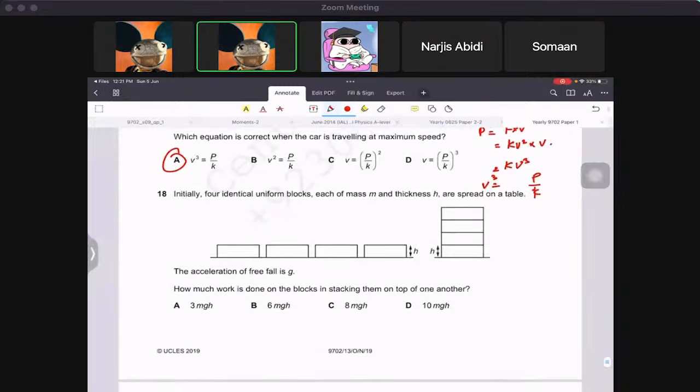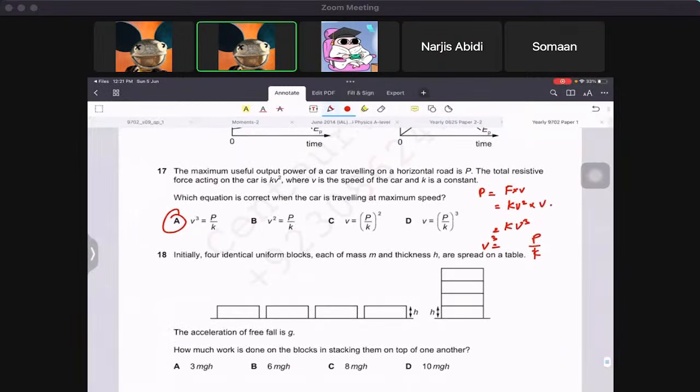Now, identical blocks of mass m, height h are spread. How much work is done on the blocks stacking on top of them? Right. So the thing is that their weight will act from the center, right? So when you put the first block on top of another, it will move here.